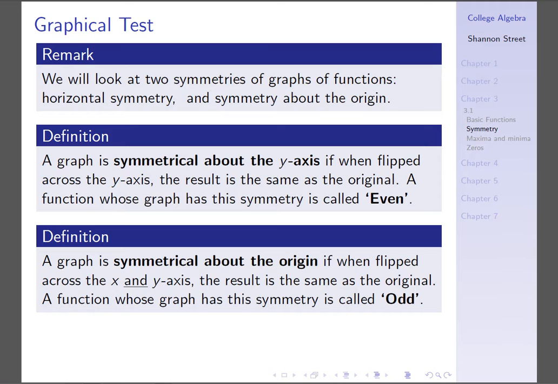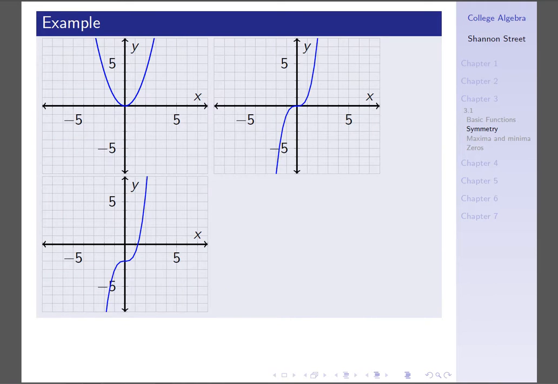So here are a couple of graphs to consider. Here we have one that looks like our square function. Here we have one that looks like our cubing function. And here we have one that kind of looks like our cubing function, although it seems to have been moved around a little.